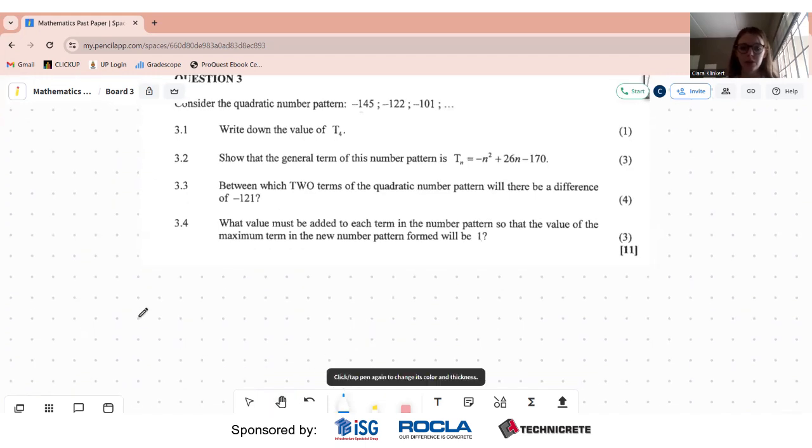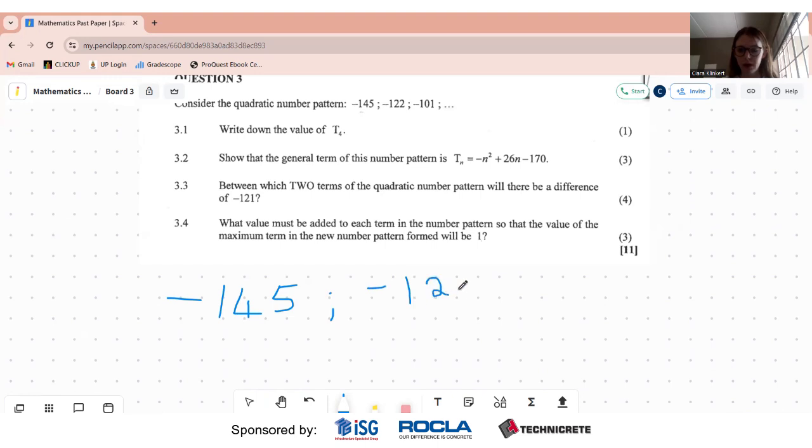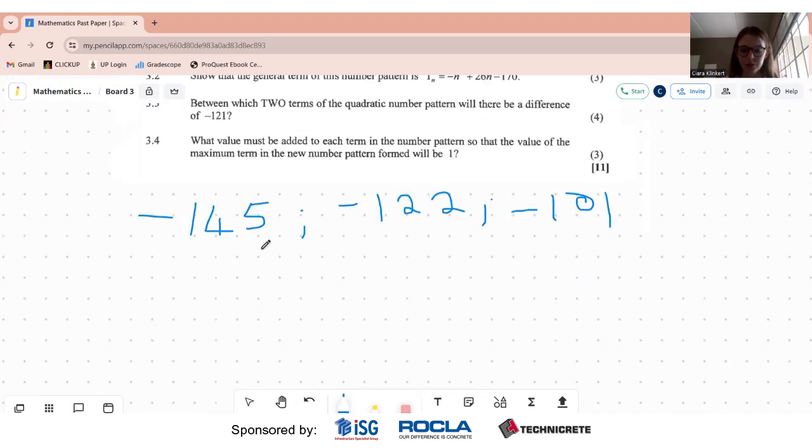So whenever I do a quadratic number pattern, I always do this first step. It's very, very important. Okay, so I write out on my paper the number pattern. Then I calculate the first difference between the terms. Okay, now negative 122 minus negative 145 is equal to 23.